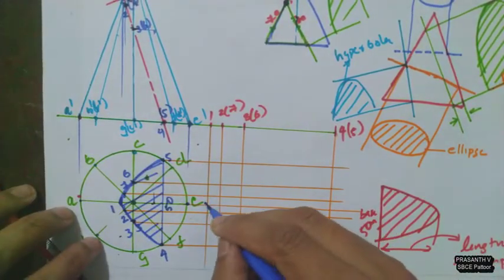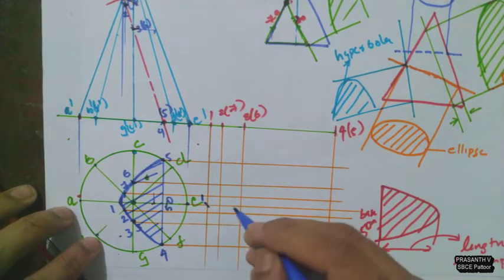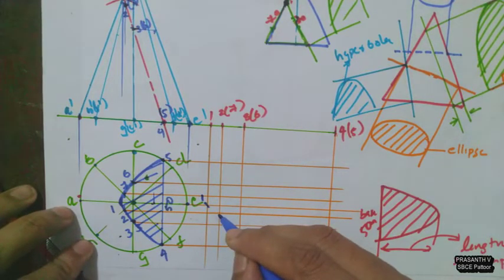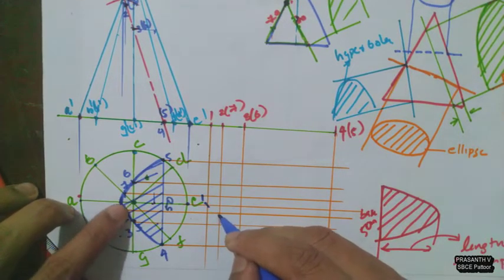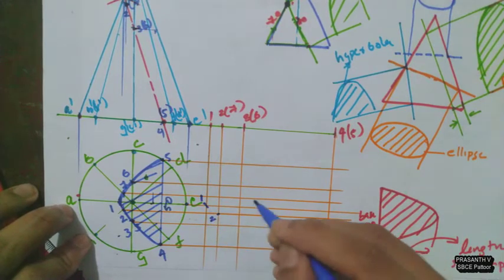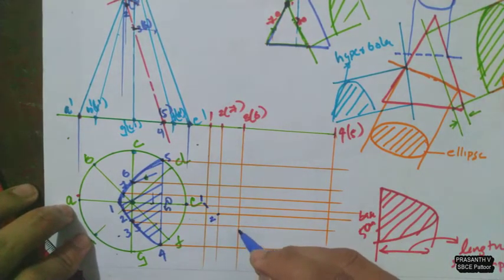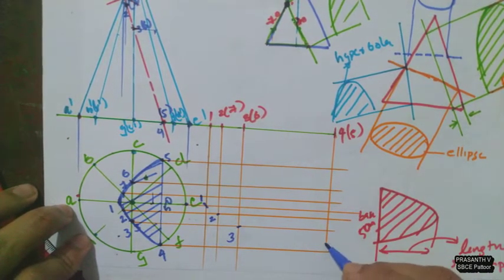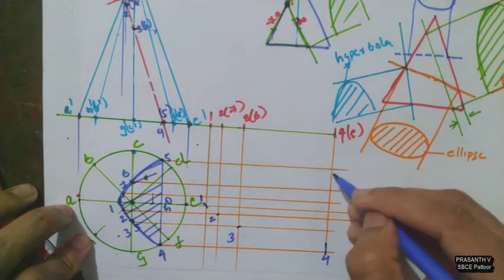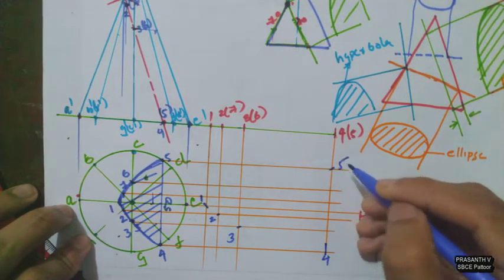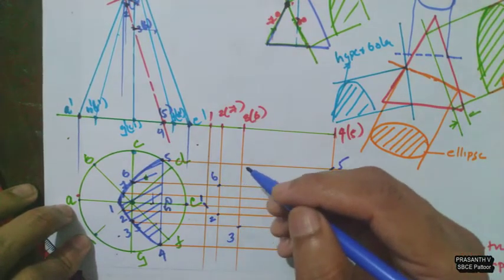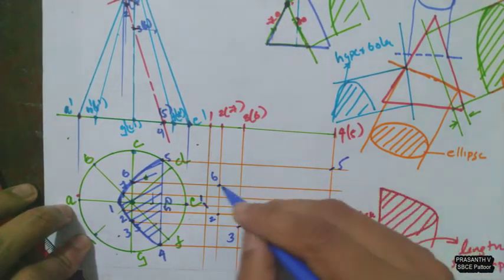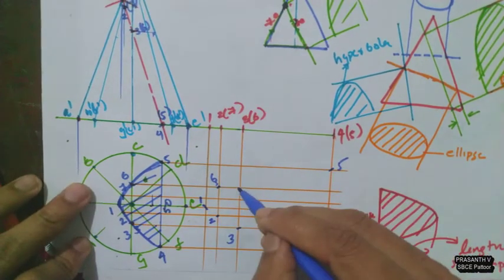You will get 1 here. This is 1. 2 will be here. This is 2. You get 3 here, and this is 4, 5 here, 6 this point.